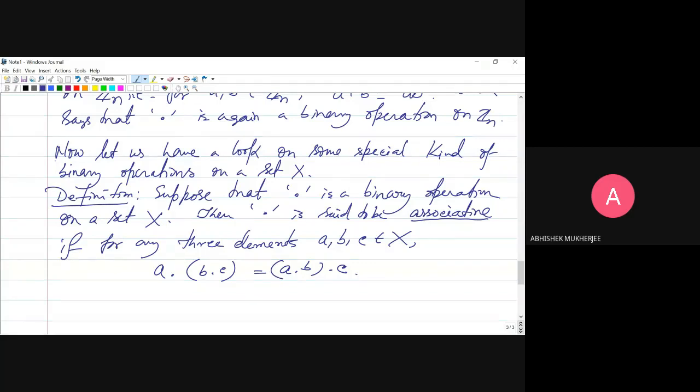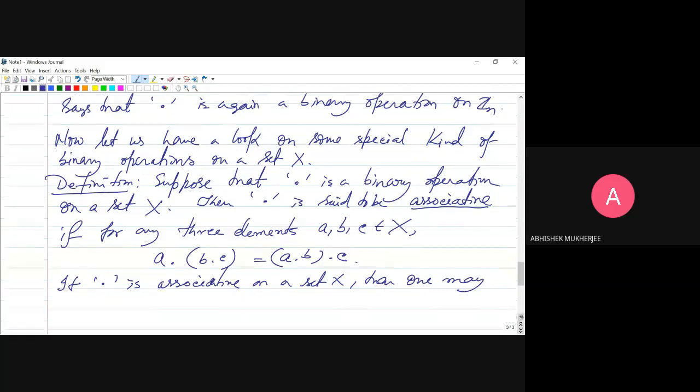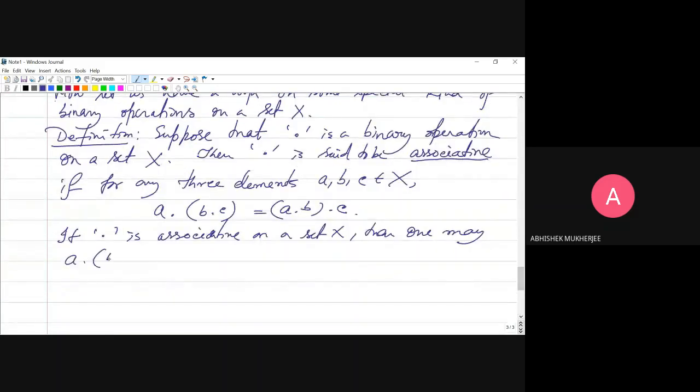And if dot is associative on a set X, then one may write (a dot b) dot c or a dot (b dot c) simply as a dot b dot c, without brackets.